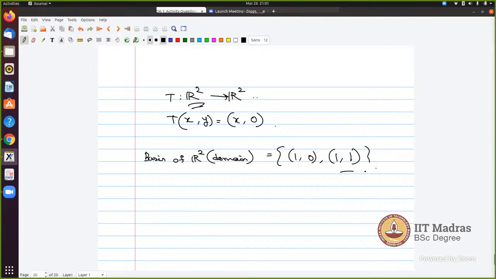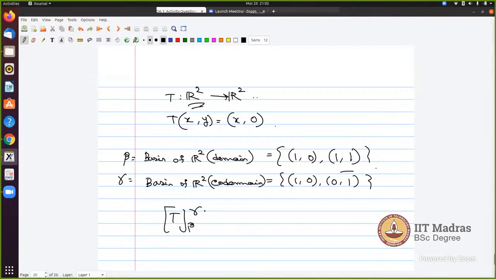This is a basis for R2. On the codomain side I have the standard ordered basis. Let's not complicate there. What is the matrix of this linear transformation with respect to these two bases, beta and gamma? What is T beta gamma?